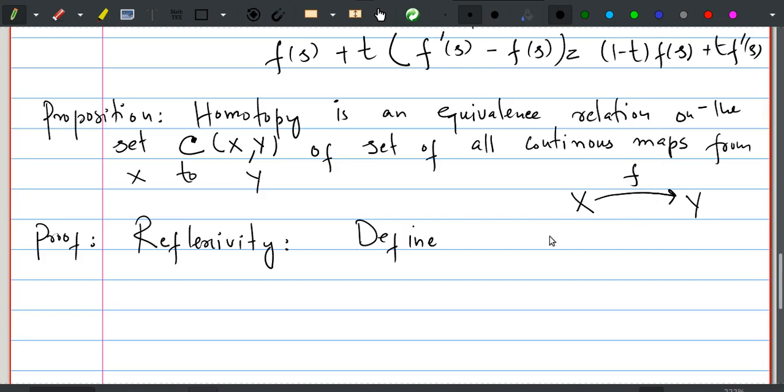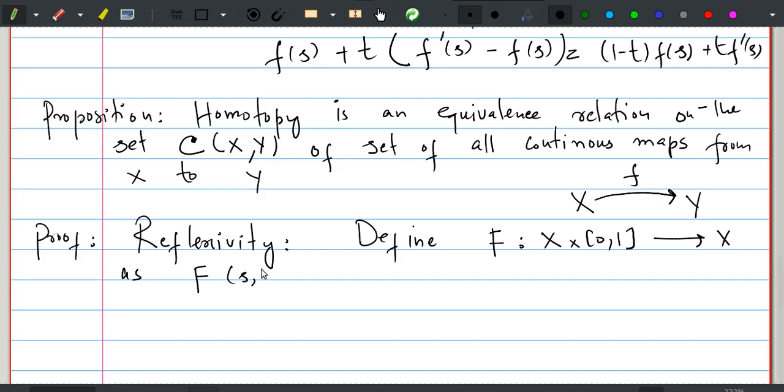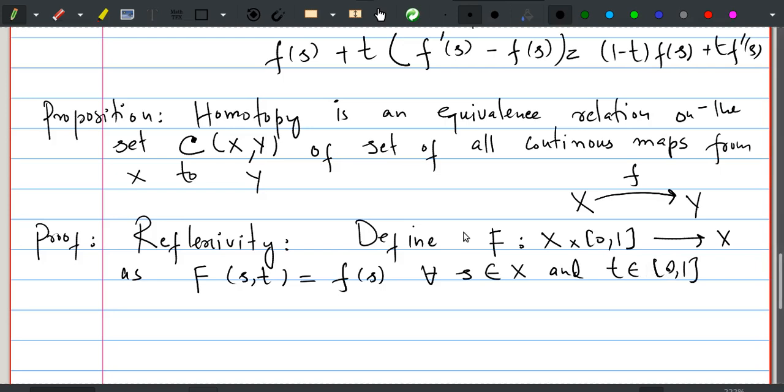Define F from X cross [0,1] to Y as F(s,t) equals f(s) for all s in X and t in [0,1]. So obviously F is continuous, since f is given to be continuous.